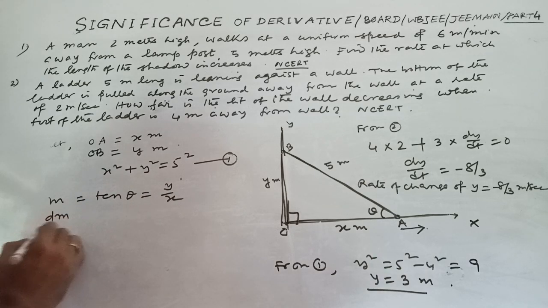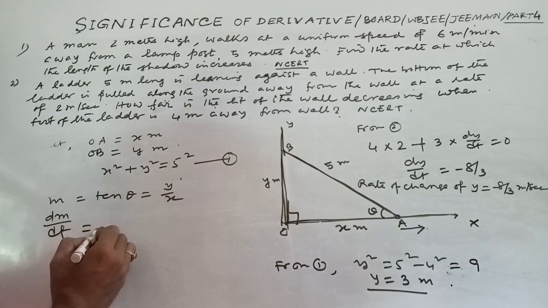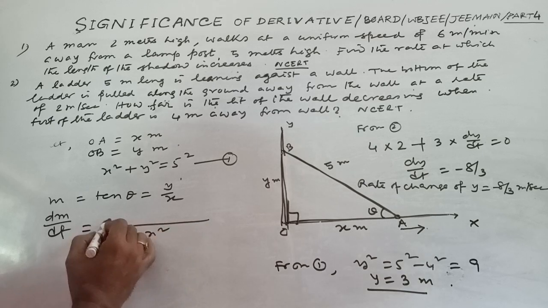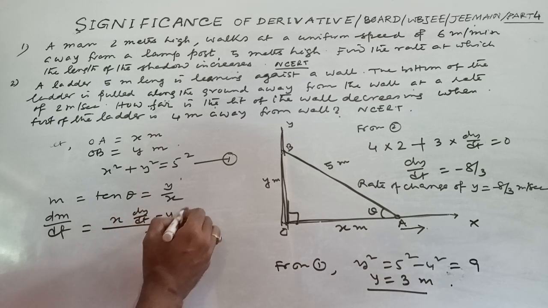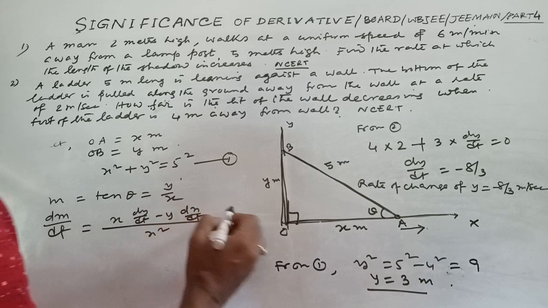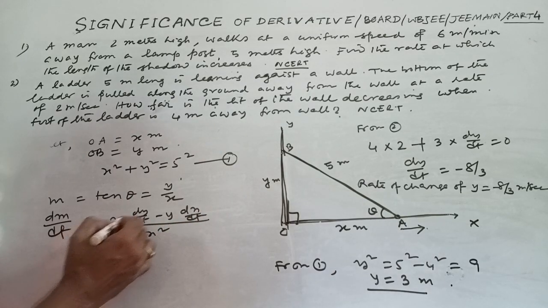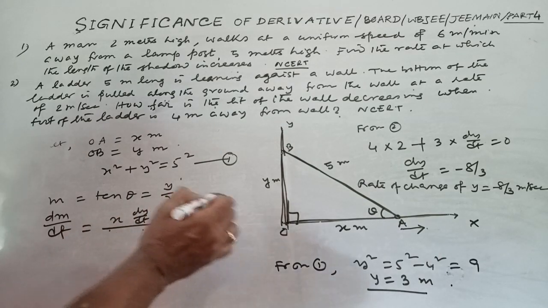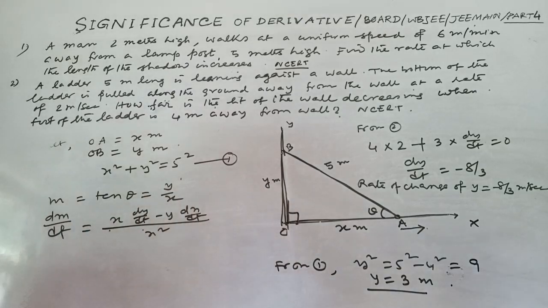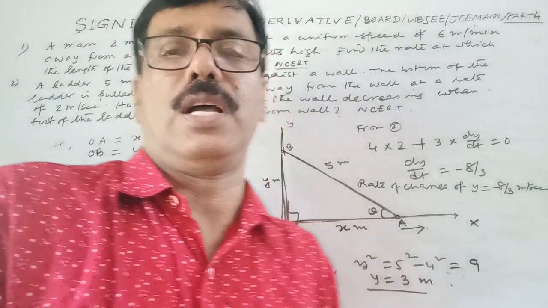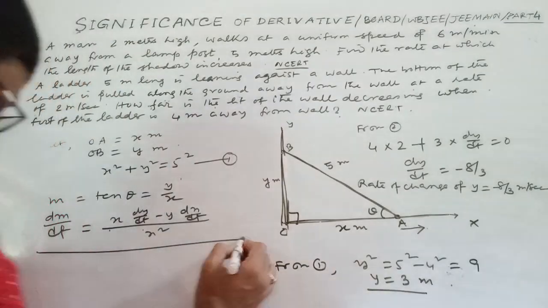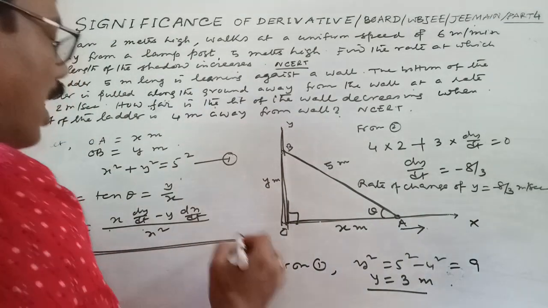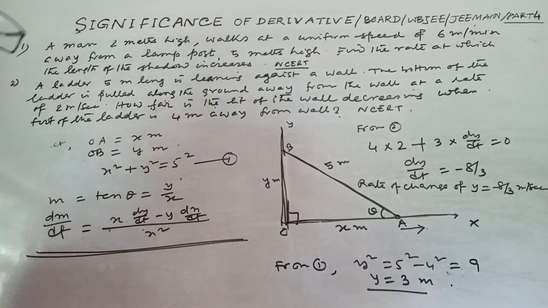So dm/dt, the rate of change of slope, is (x dy/dt minus y dx/dt) divided by x square. Putting the values of x, dy/dt, y, dx/dt, you get the rate of change of slope of the ladder. So it is also another part of the problem.